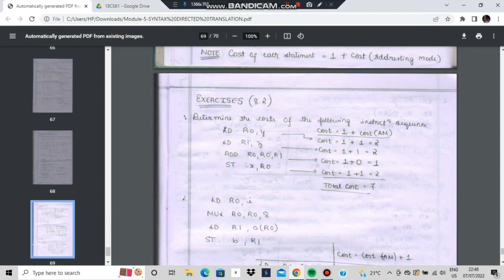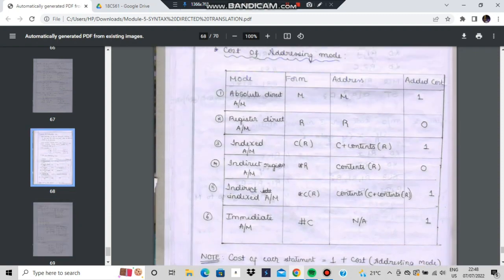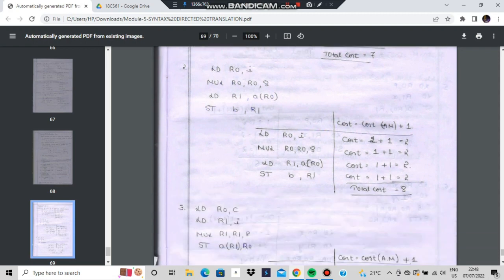R to R means 0, and for addition it is 1, so you will have 1. Storing from R naught to memory, register to memory or memory to register, in both cases it is 1, and 1 plus 1 is 2. The total cost is 7. Here are a few more questions we can go through, but the concept remains the same.